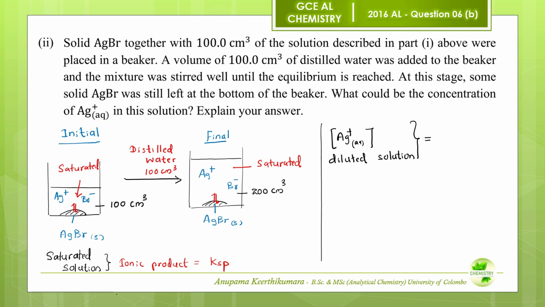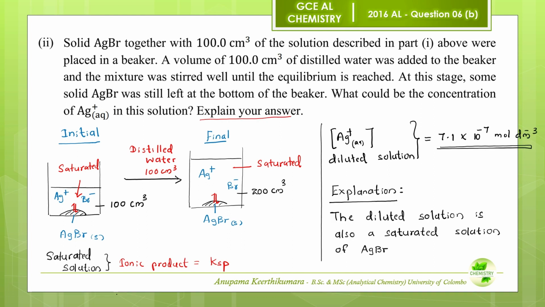Ag plus ion concentration in the diluted solution is the same as previous, 7.1 times 10 to the power minus 7 moles per cubic decimeter. The explanation is this diluted solution is also a saturated solution of AgBr.